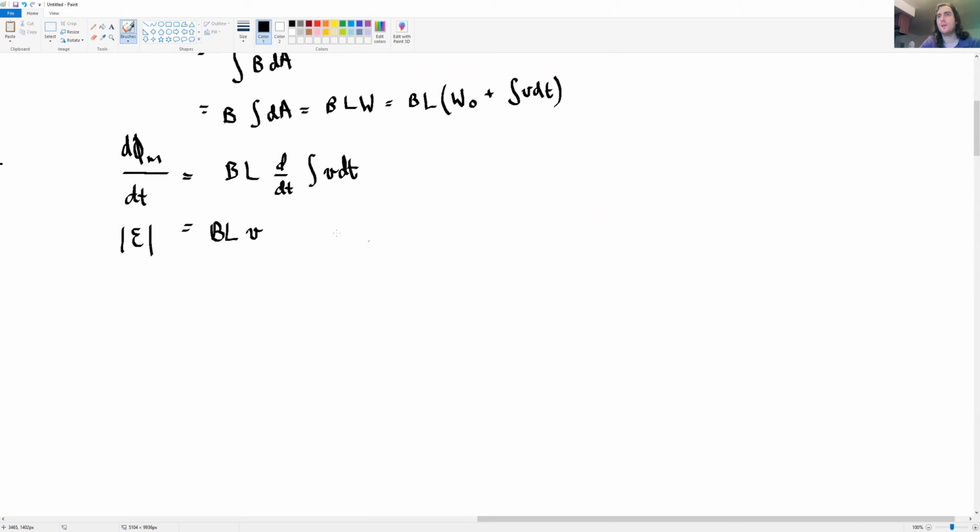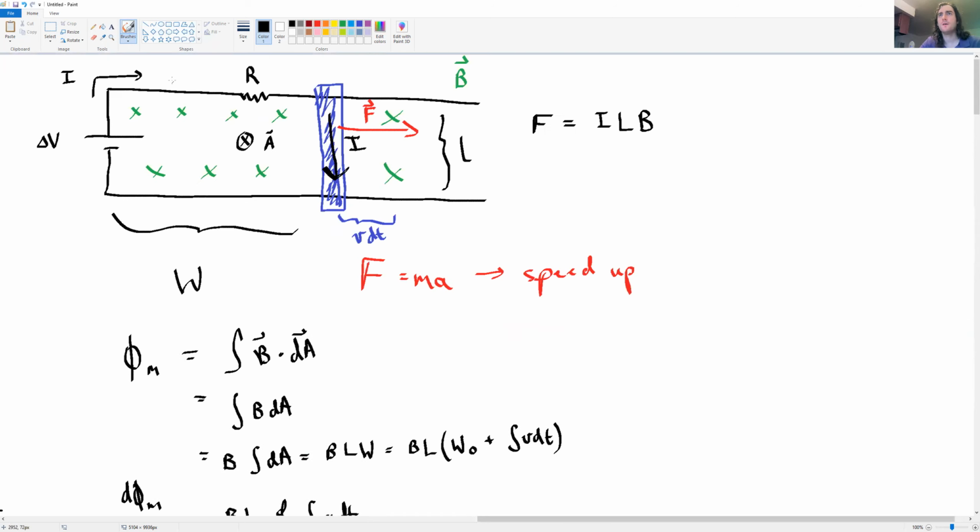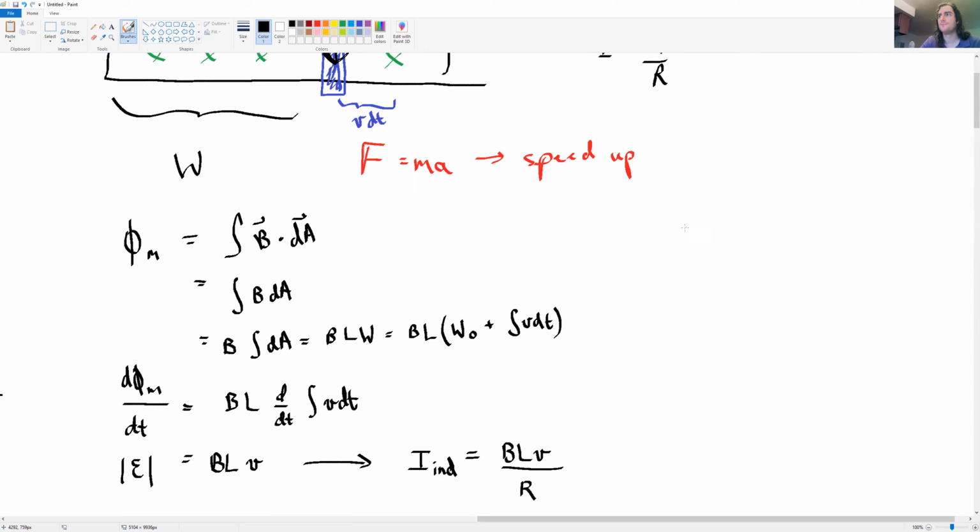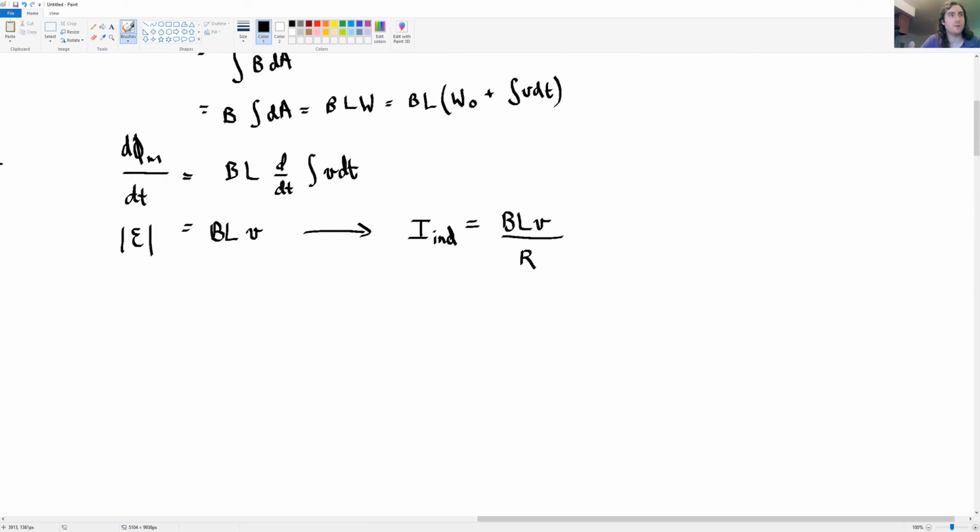And now, if we were to calculate from this information an amount of induced current, the I induced here would be given by BLV over R. That's the induced current. The current over here, though, is delta V over R, right? That's different. The current here is BLV over R.